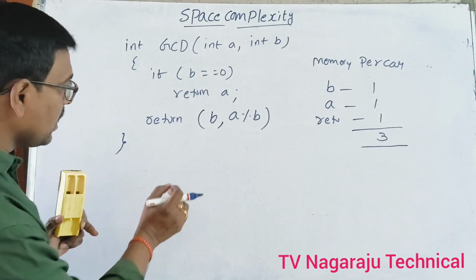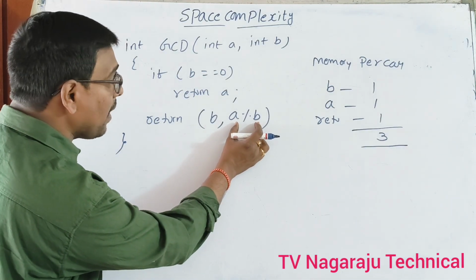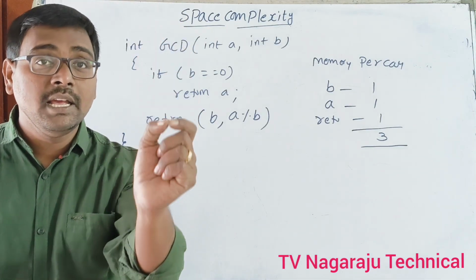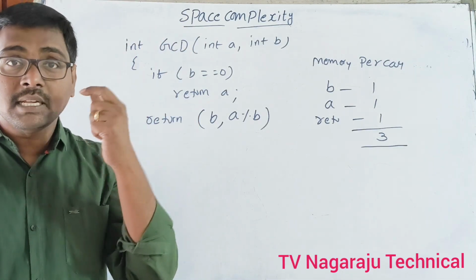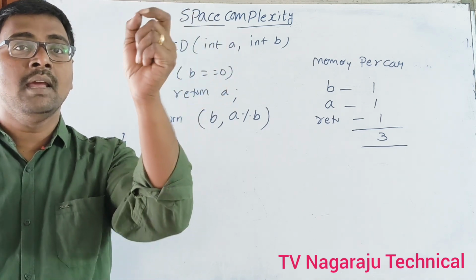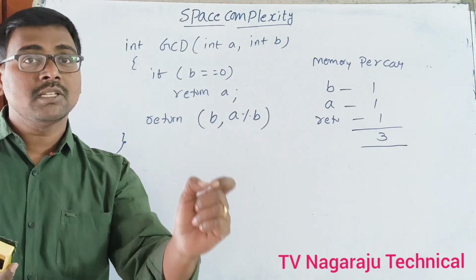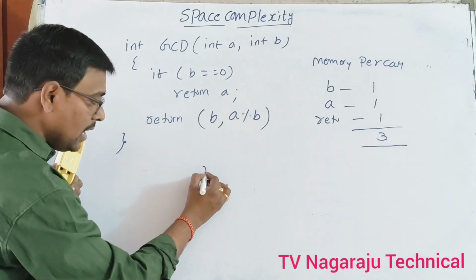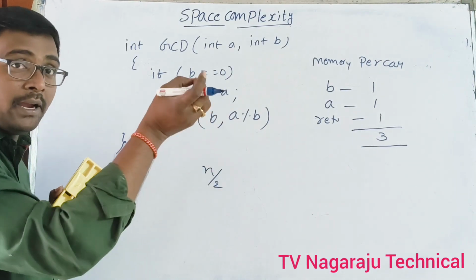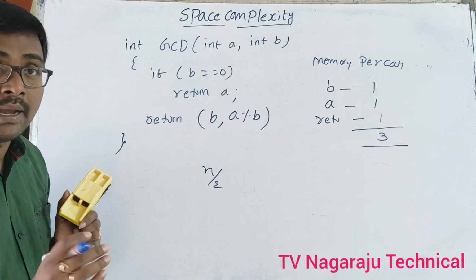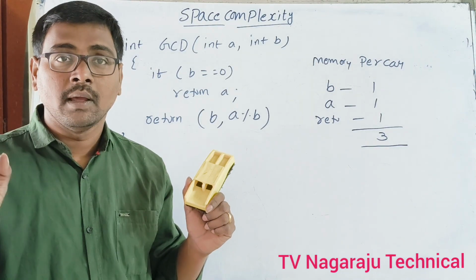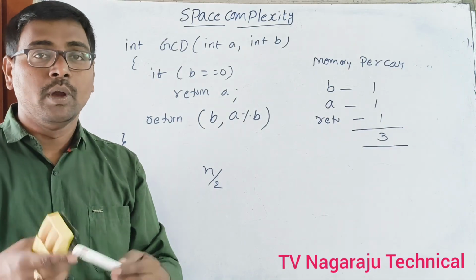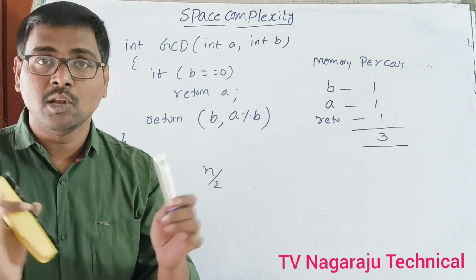If you look carefully, here the value of the second parameter is reduced drastically. In the previous example, it reduced to n minus 1, n minus 2. But here, if you observe carefully, it reduces to n by 2, n by 4, n by 8, not exactly equal, but approximately. While calculating the complexity, we don't need the exact value.